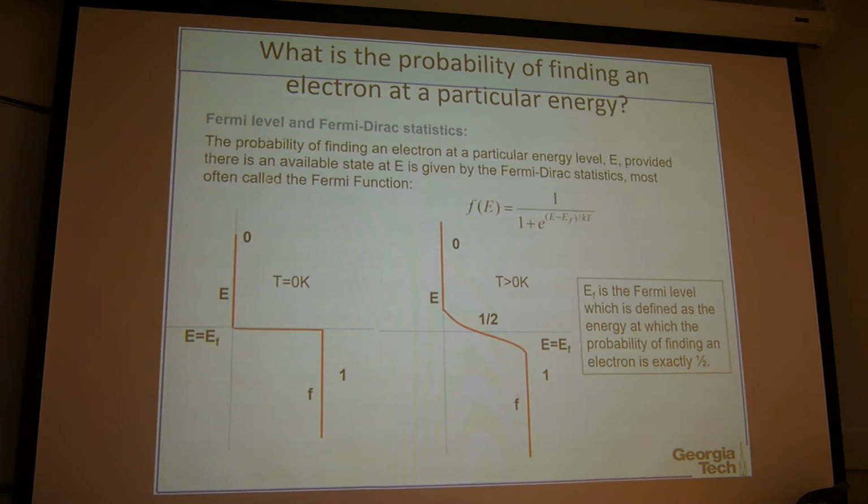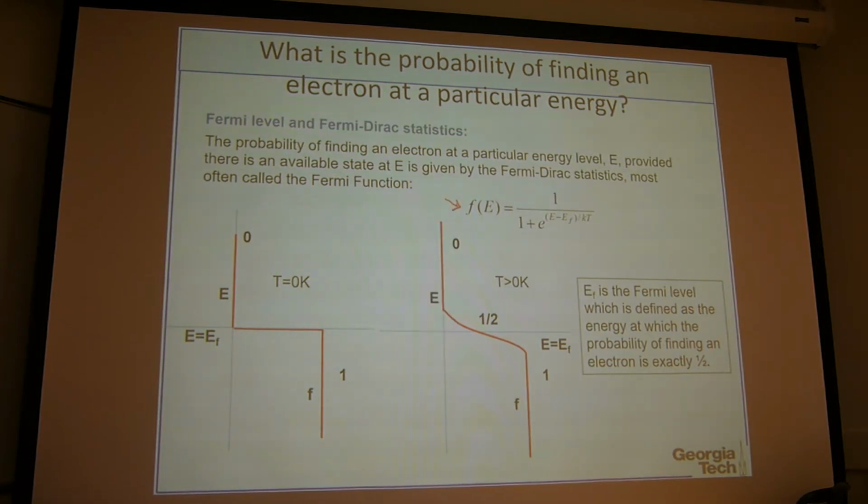Let's read this statement. The probability of finding an electron at a particular energy level E, provided there is an available state at E, is given by the Fermi-Dirac statistics, most often called the Fermi function. So this is the Fermi function.